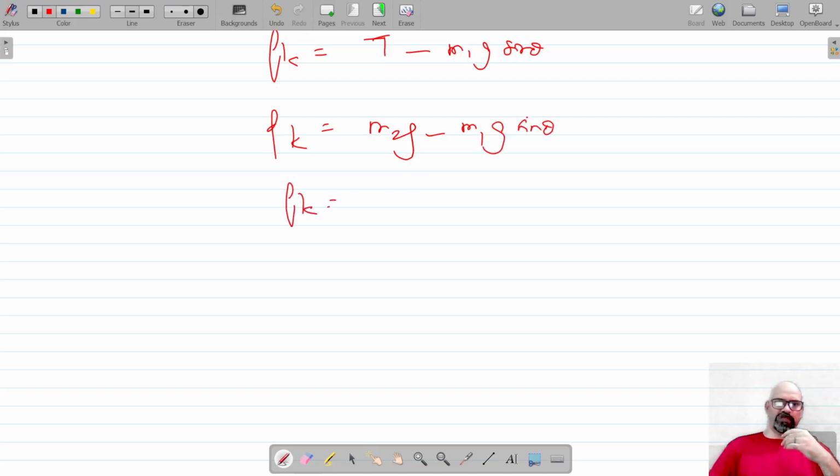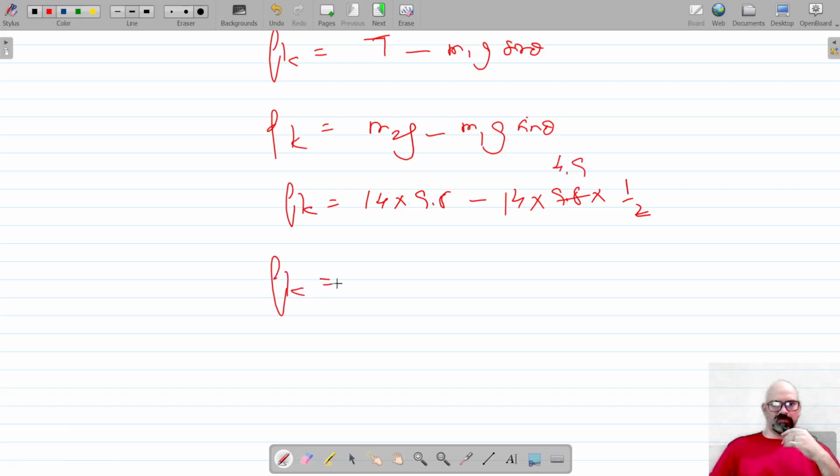Let's put in the respective values. The mass is the same, 14 kg into 9.8. M1 is also 14. So this is 14 into 9.8 into sine 30, which is half, so this is 4.9.